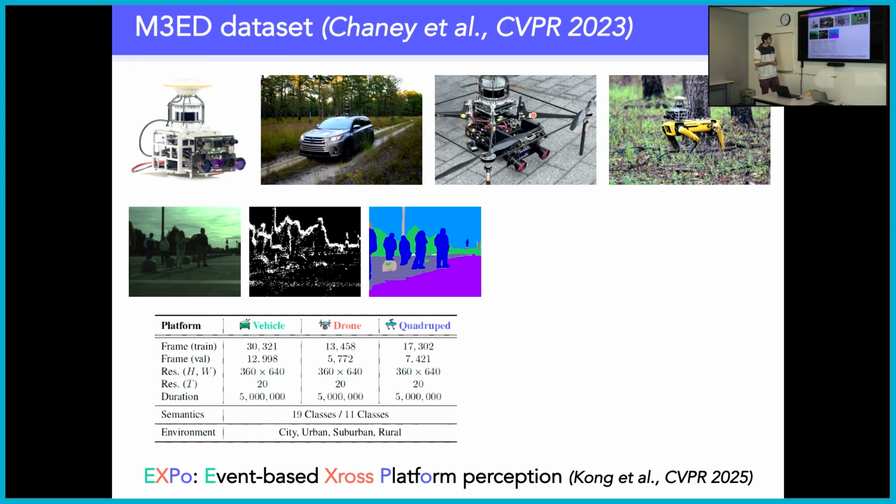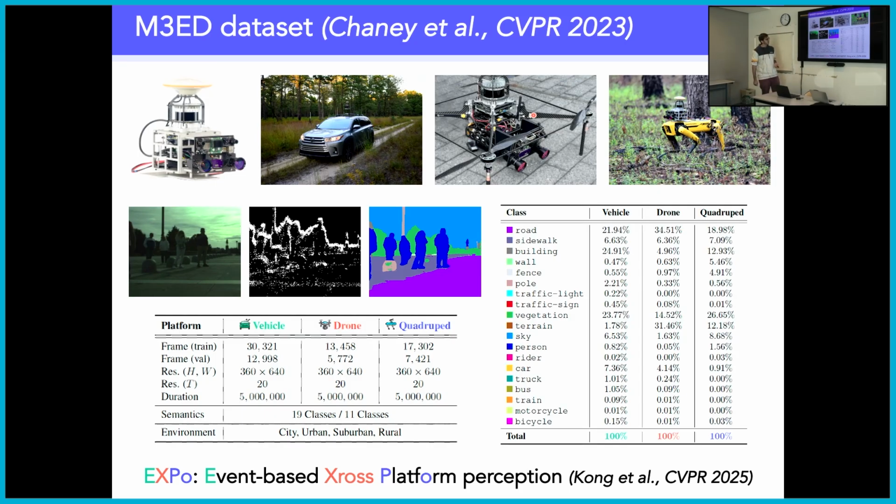It's composed of almost 90,000 frames, with 19 or 11 classes combined across these different vehicles. You can see here some of the statistics. And as I showed you before, depending on whether the camera was on the car, on the drone, or on the quadruped, of course, the properties of the data change a lot.